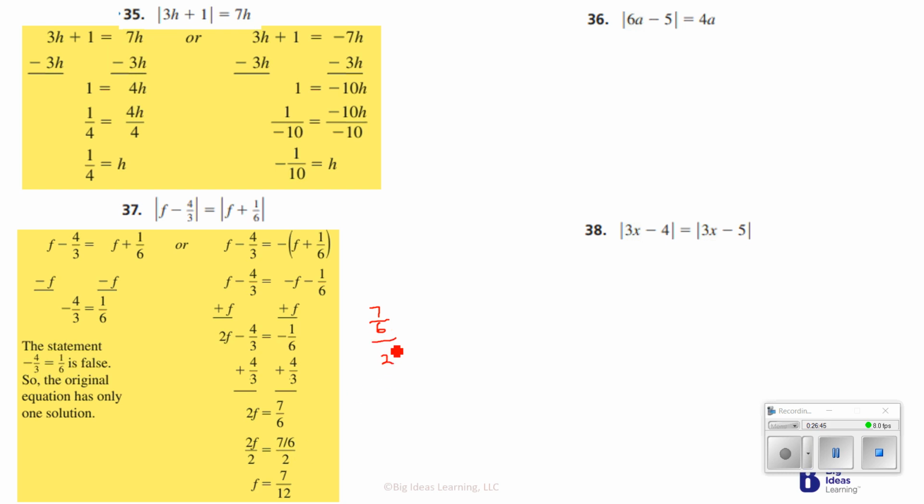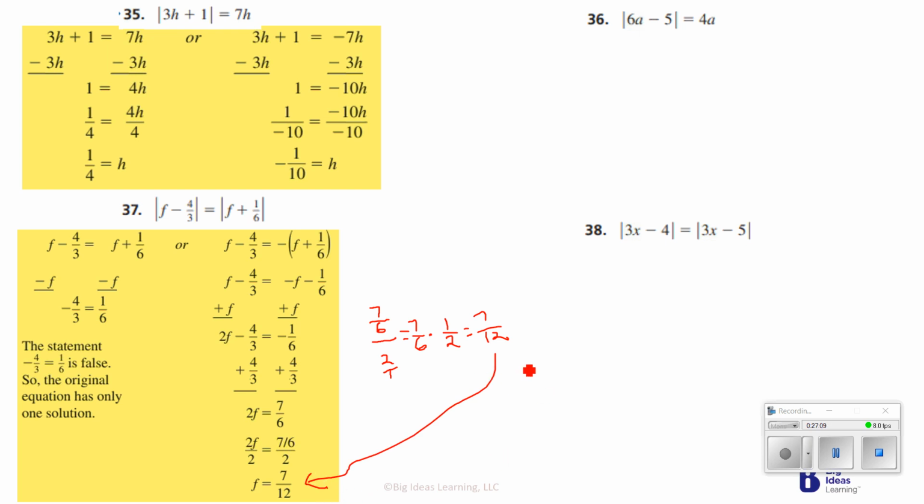I use keep, change, flip. So this is going to be 7 over 6 times, remember this is 2 over 1, so when we flip it, it becomes 1 over 2. Now I have 7 times 1, which is 7, and 6 times 2, which is 12, and as you can see, that's where we got 7 over 12.